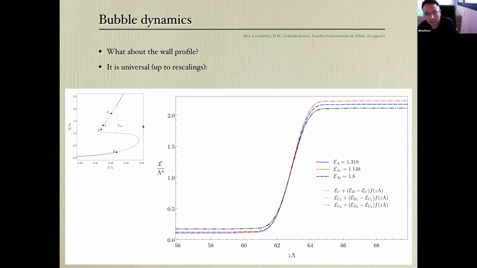No, you're correct. As when A2, so when this point approaches this point here, okay? Then the state inside the bubble, which is C, that I'm not showing you here, approaches this point. And the state in front of the bubble, which is D, also approaches this point. You can see this here.